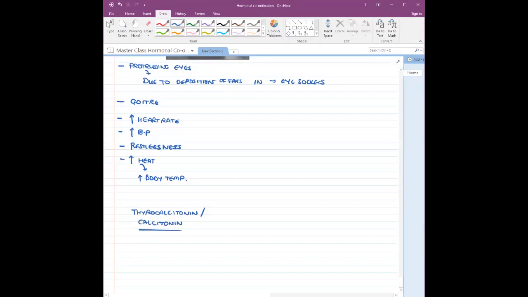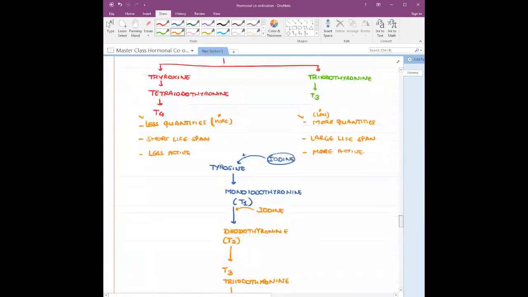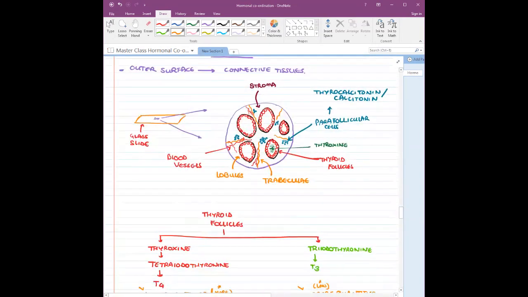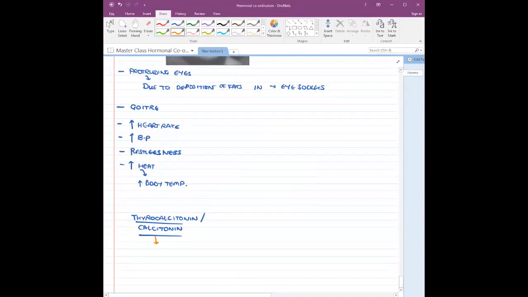Now guys, when we talk about this, who is the one actually producing this thing? Always remember, see in your diagram. Once again, let me just show you this diagram. See here, we had seen these parafollicular cells. I told you they are the ones responsible for your thyrocalcitonin. So these are produced by your parafollicular cells.